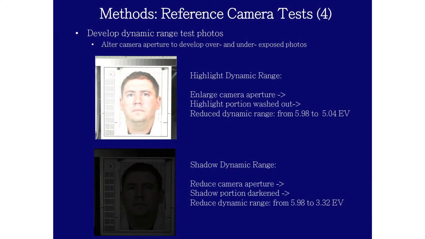And this is the underexposed pictures. We just reduce the camera aperture. The shadow portion of the step charts will be darkened. You can see these steps, and the reduced dynamic range is from near 6 to 3.3 EV.